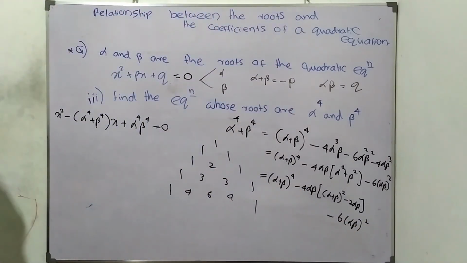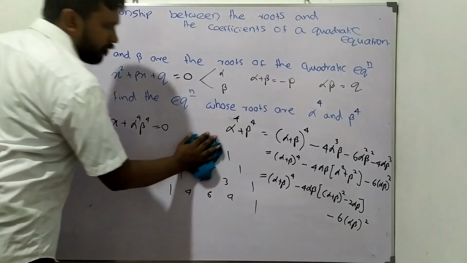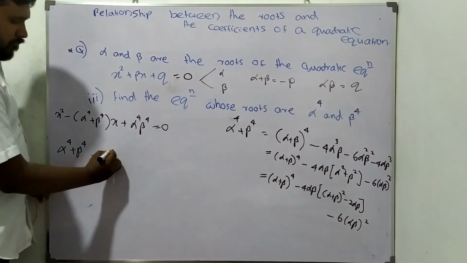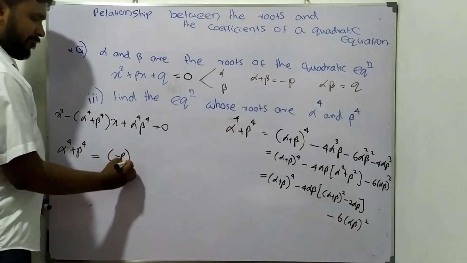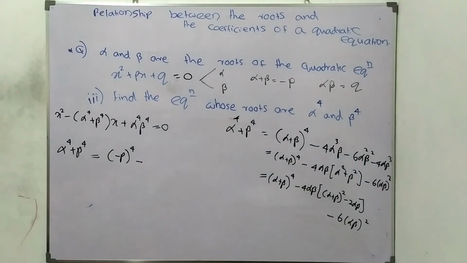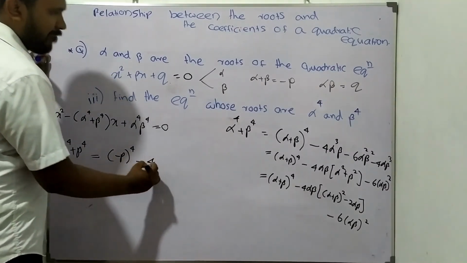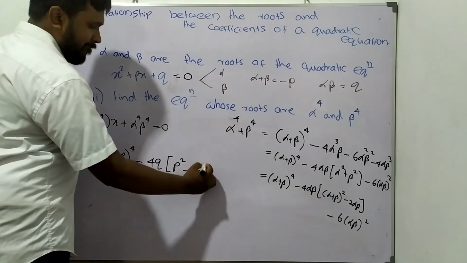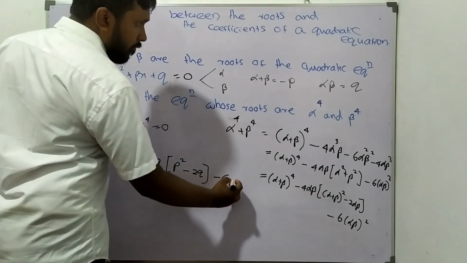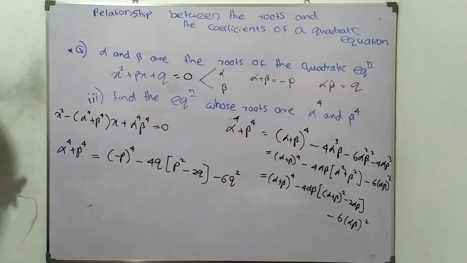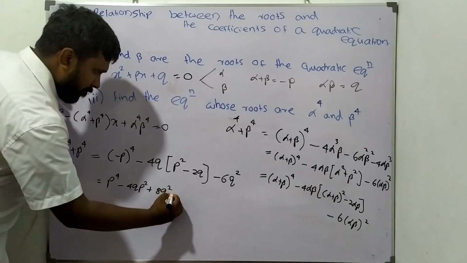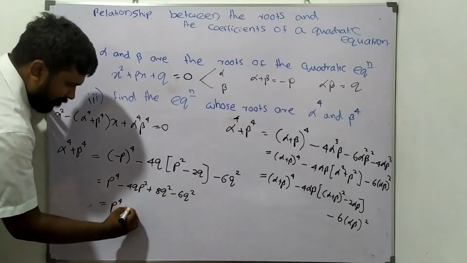Okay, now you can substitute from the p and q. This is minus p to the fourth power, minus 4 alpha beta, which is minus 4q, times alpha plus beta squared, which means p squared, minus 2q, minus 6q squared. When you expand it, you will get this result.